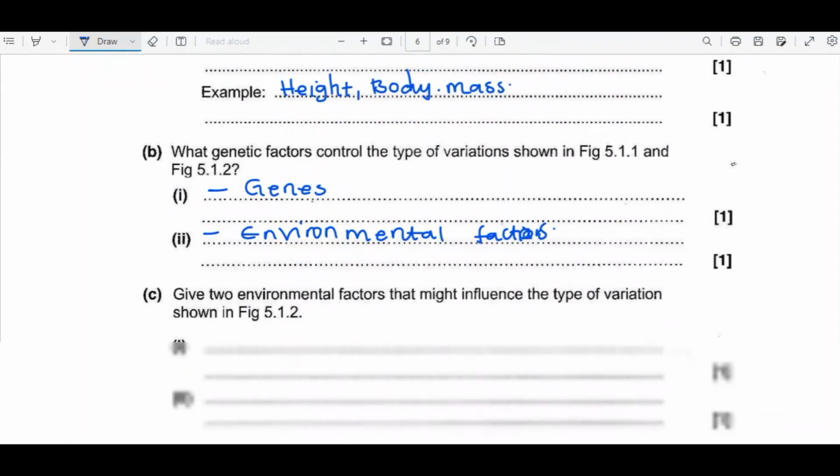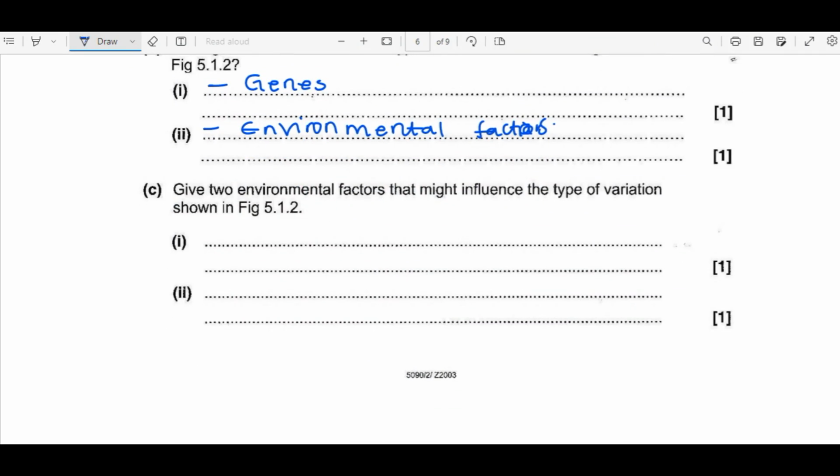Okay, we move on to C. Give 2 environmental factors that might influence the type of variation shown in figure 5.1.2. So the first one, we can look at diet. Like the body mass, the size of someone's body can change if the diet is bad. Then the other one is climate change.